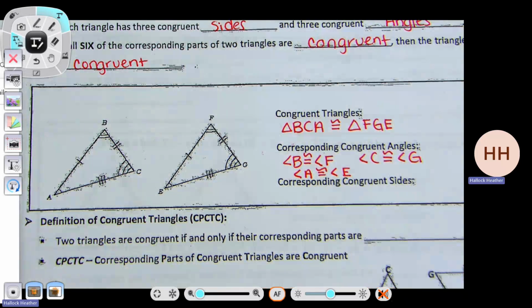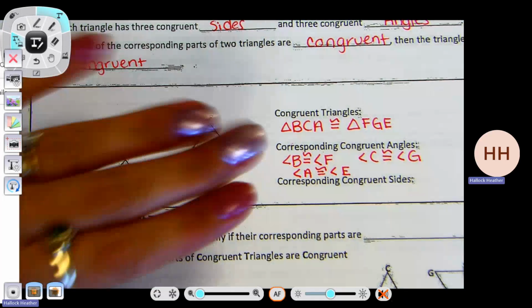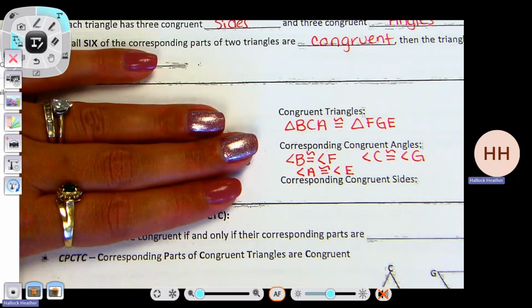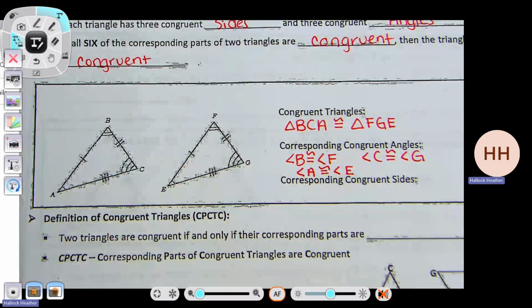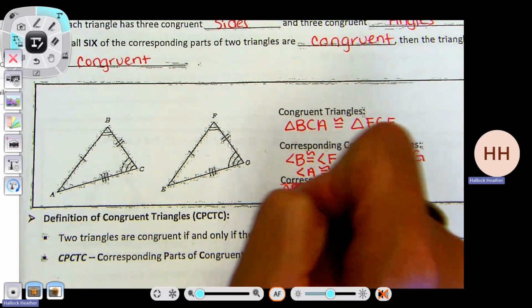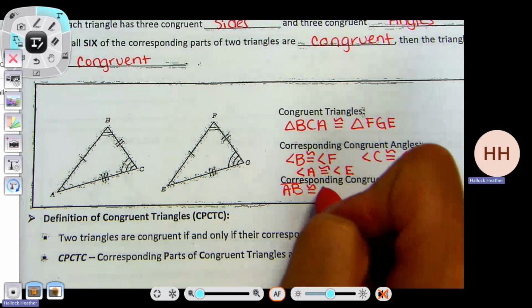The angles are very easy to recognize. The sides are a little bit harder because you're not always going to have this picture. If you don't have the picture, you need to know how to match them without it as well, which is what we're going to do later. For now, let's use the picture. If I say AB, what would AB's side match with? EF.